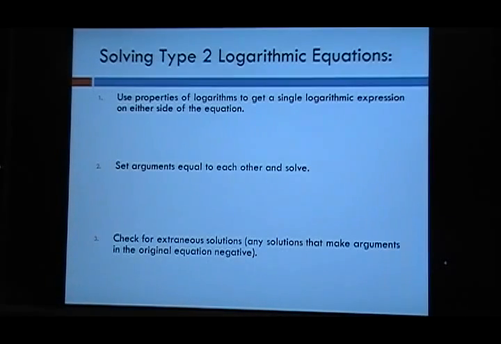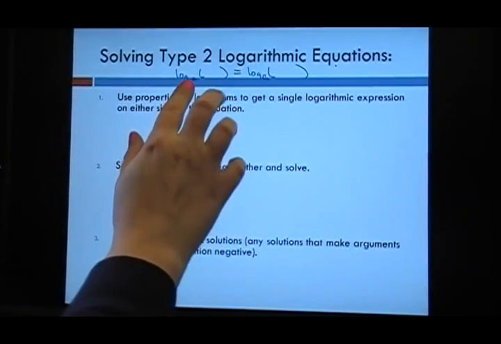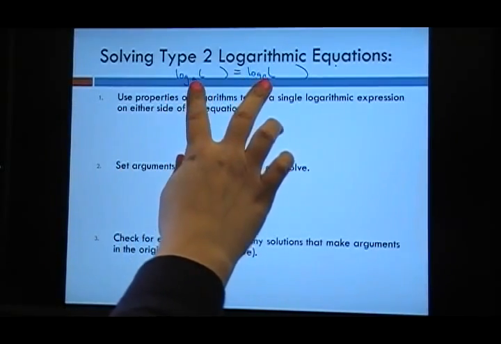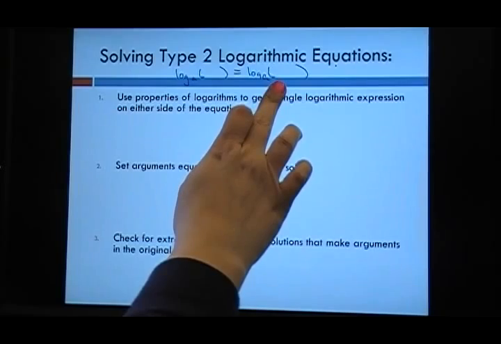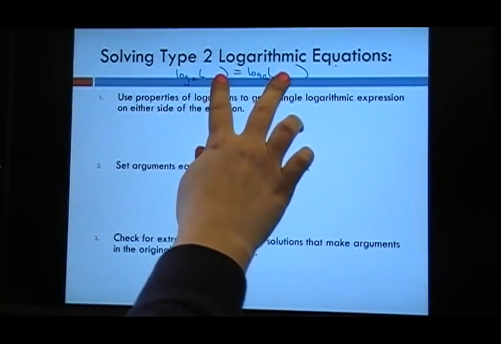The second type were those, remember, where we could get log base A of something equals log base A of something. So if you can get your logarithmic equation into the form of 2 logs of the same base set equal, then this can only be true if the arguments are equal.